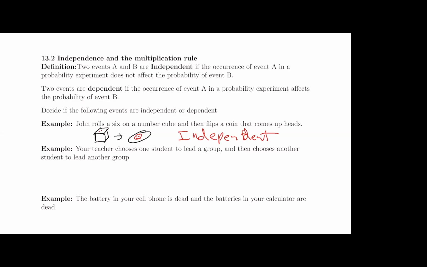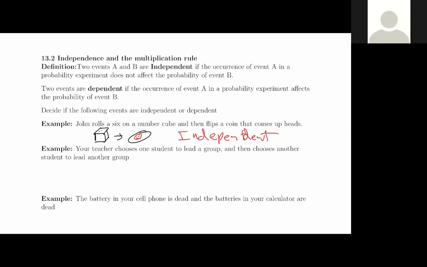So that's an independent event. Any question on how we got that to be independent? All right, so let's do the second one. For the second one, it said your teacher chooses one student to lead a group and then chooses another student to lead a group.